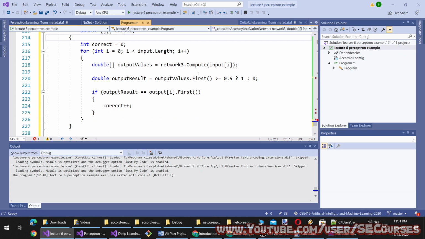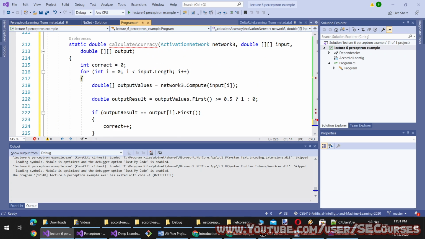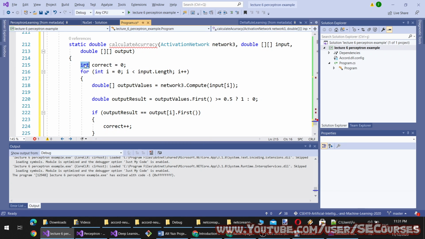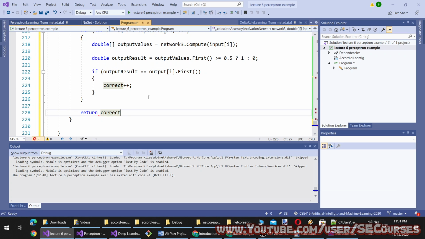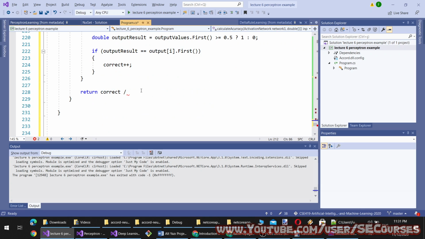and it will calculate the correct number, and accuracy will be equal to return number of correct, okay, over input count.